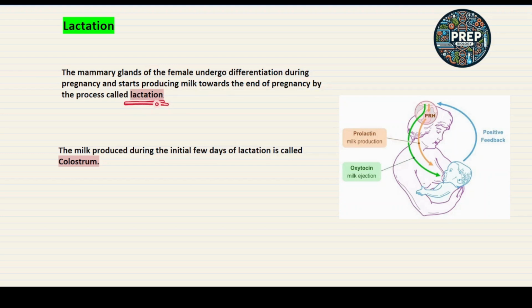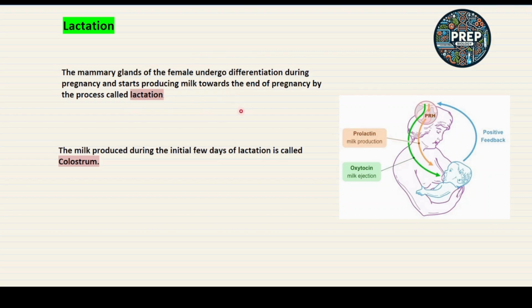After the childbirth, the breasts of the female start producing milk. That process is called lactation.